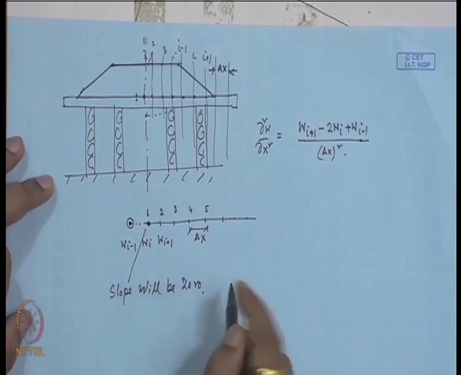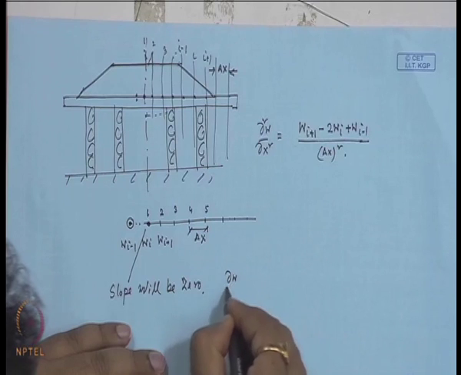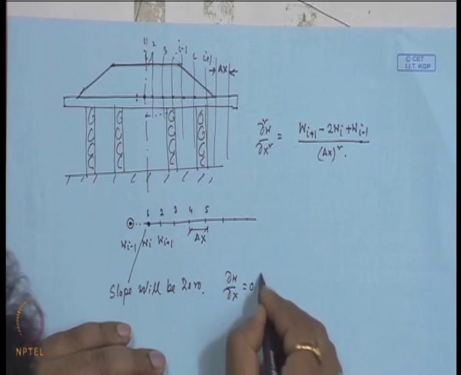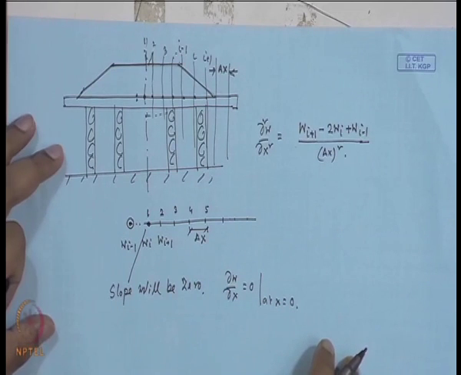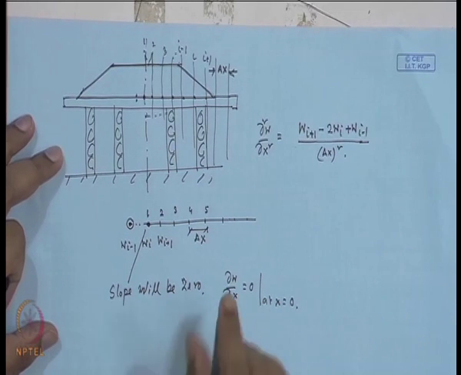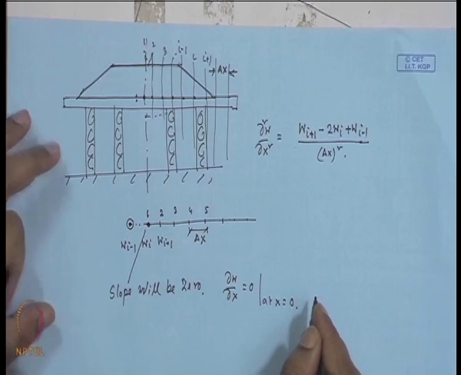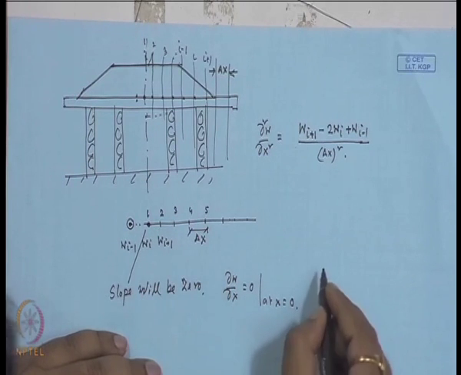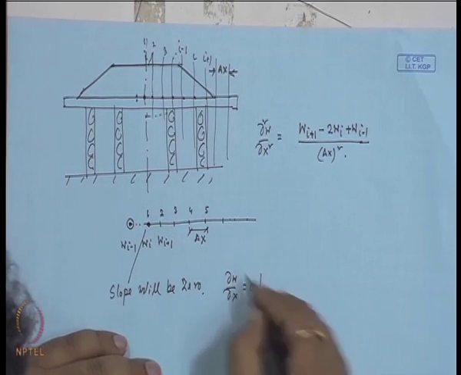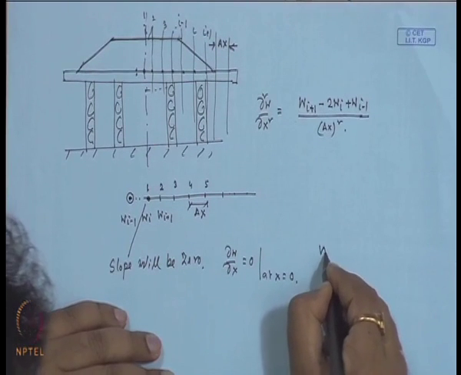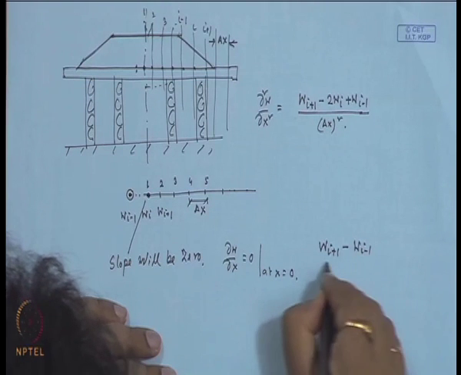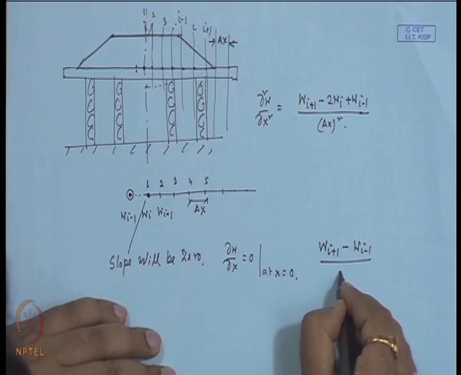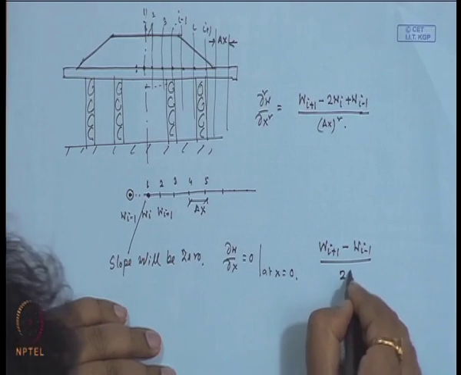That is, del w del x is 0 at x equal to 0. Then we again use the central difference scheme, which gives w(i+1) minus w(i-1) divided by 2 del x.